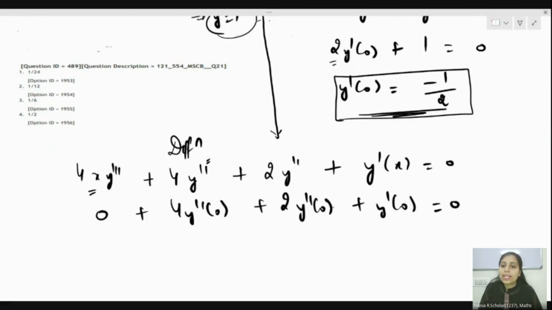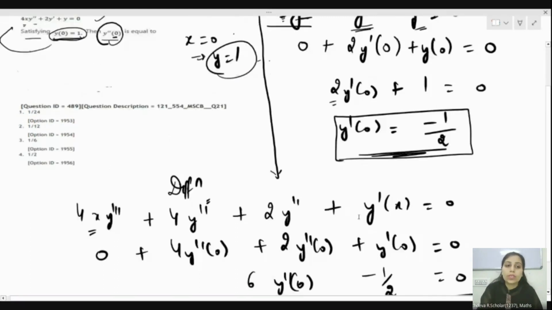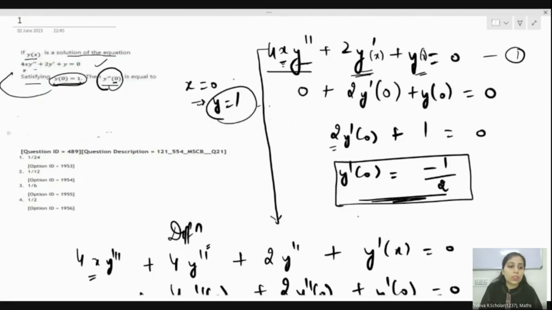Now from here y'(0) = -1/2, and this will become 6y''(0) = 1/2. By taking this 6 to the right hand side, we get y''(0) = 1/12, which is given in option number 2. So this is our right answer, 1/12.